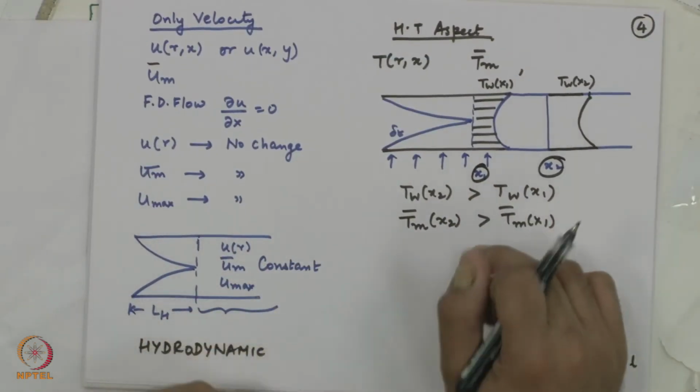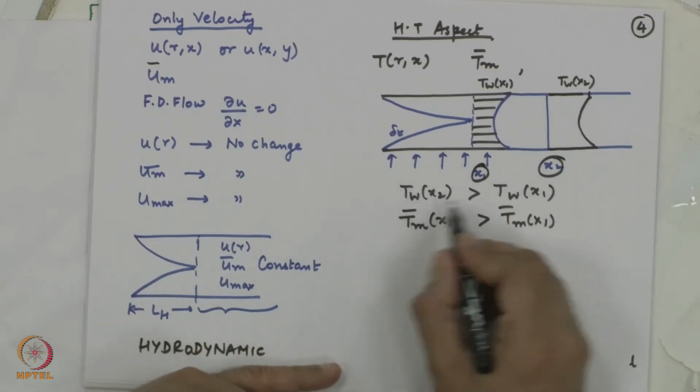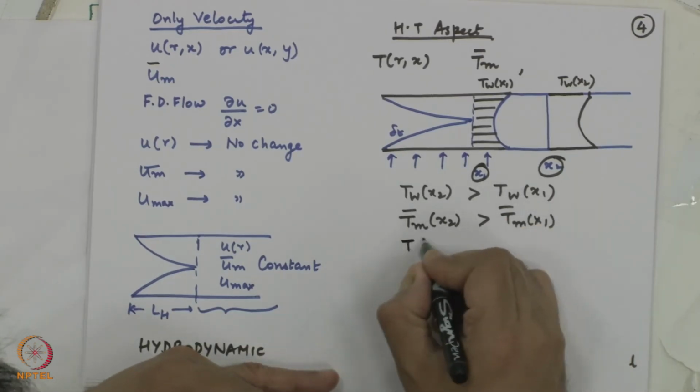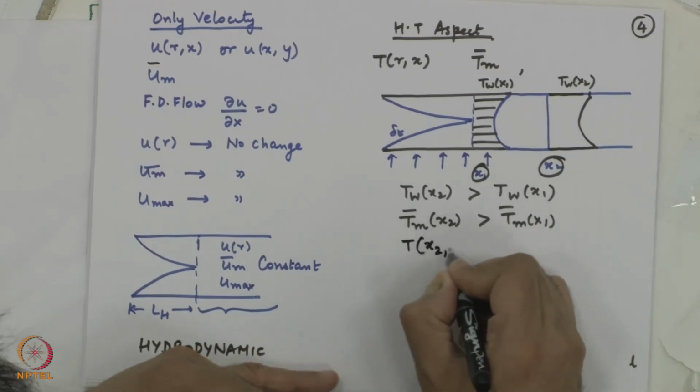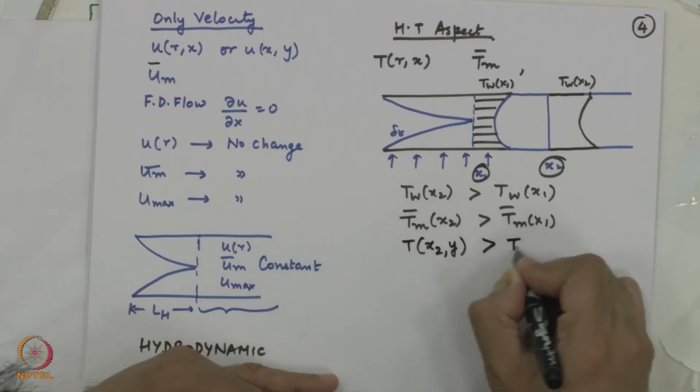Okay. So, this is T wall, T bulk mean, and of course T local at x2 at any y location would be greater.